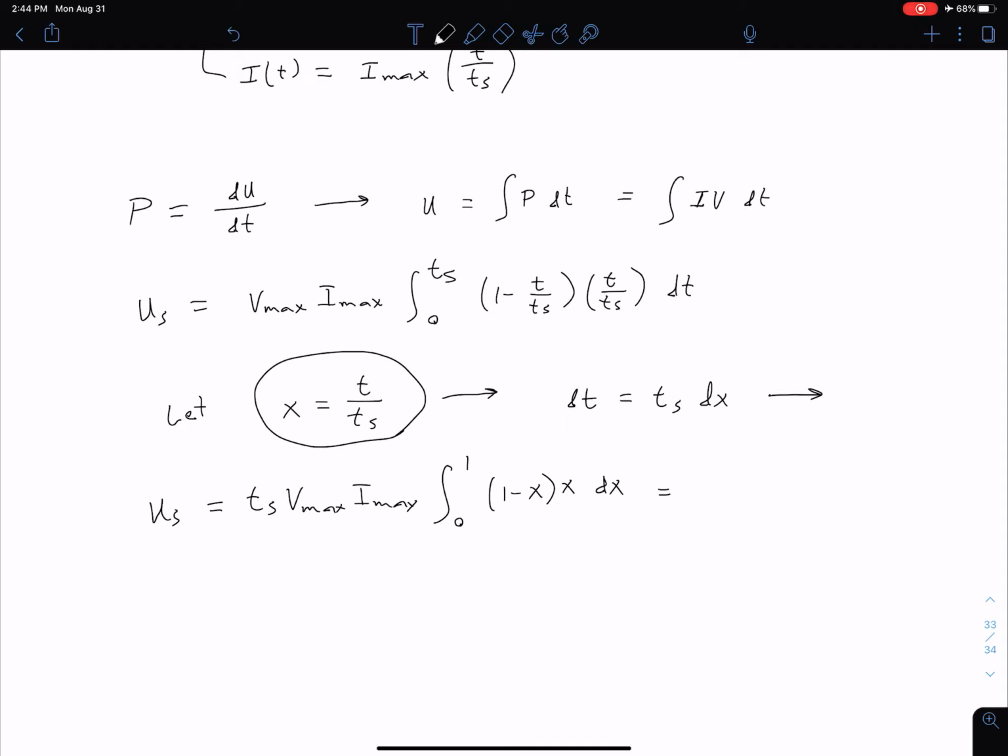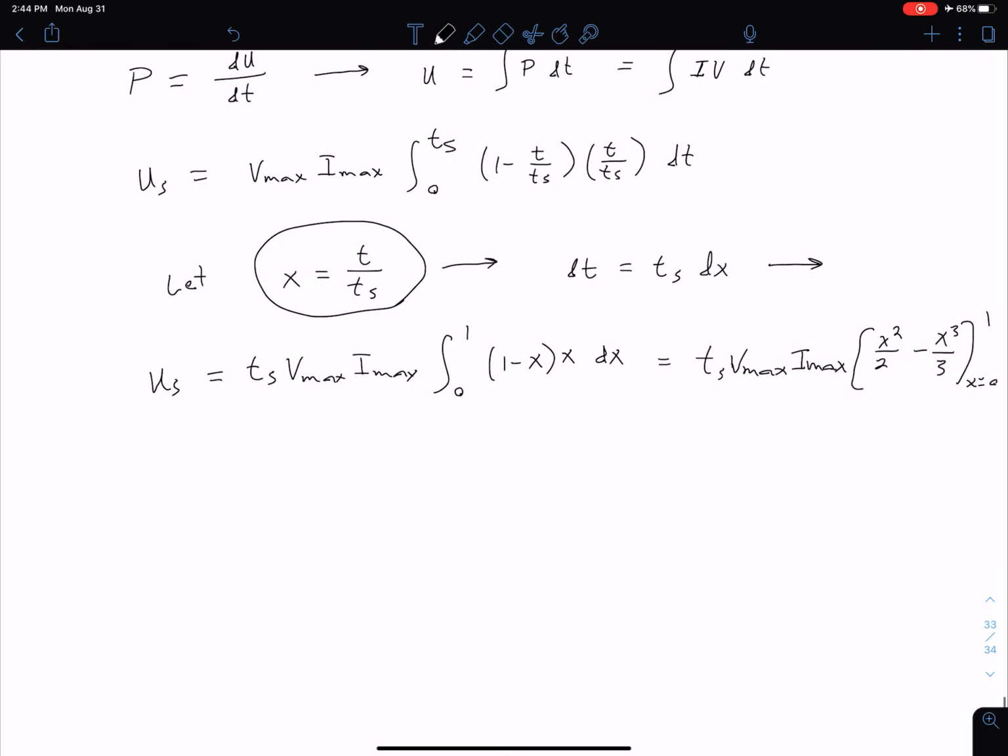We can multiply this through, we have x minus x squared being integrated, and we can do each of those on their own. So we have Ts, Vmax, Imax out front, and then that's multiplied by x squared over 2 minus x cubed over 3, evaluated from x equals 0 to 1.